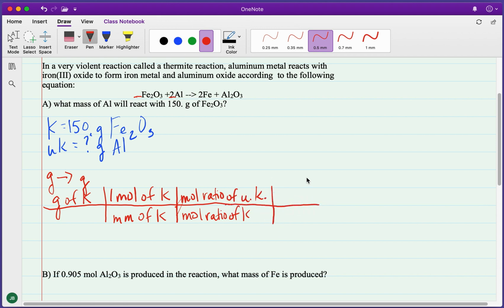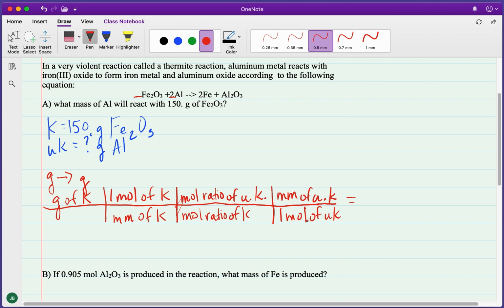And then from there, now we can do the molar mass of the unknown. And once again, we always use 1 mole of the unknown and then the molar mass of the unknown. And then you can solve the problem.